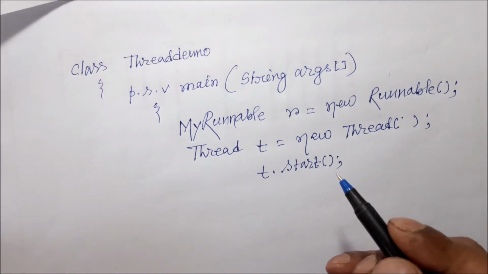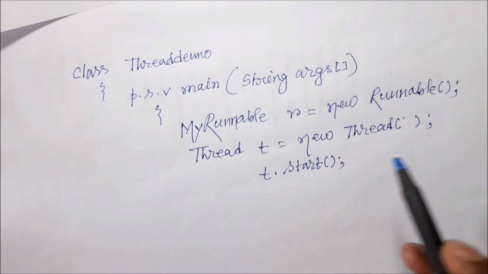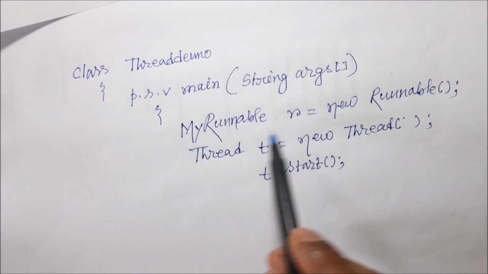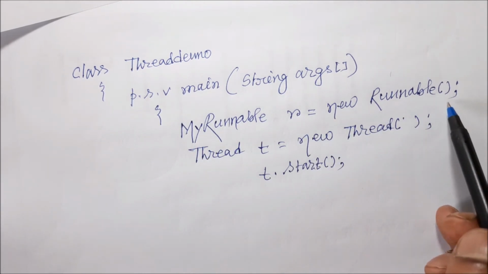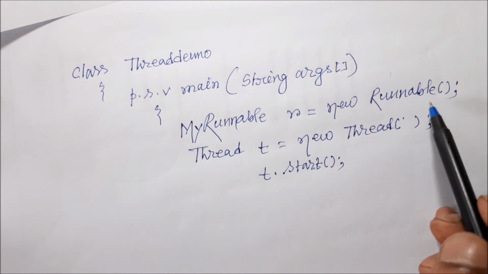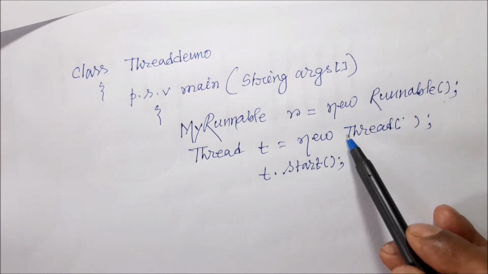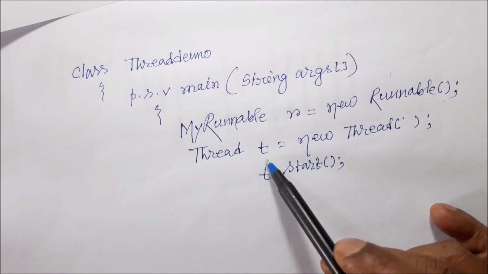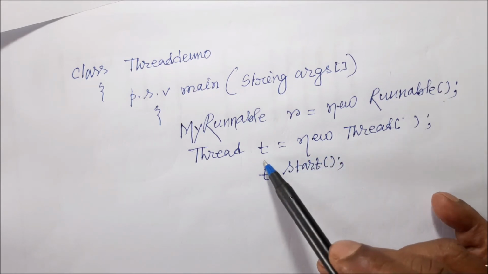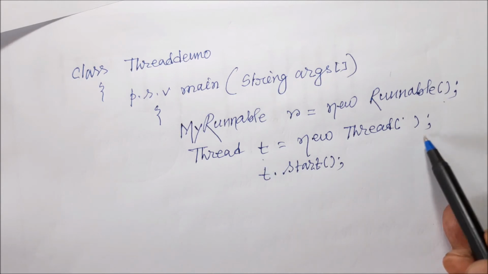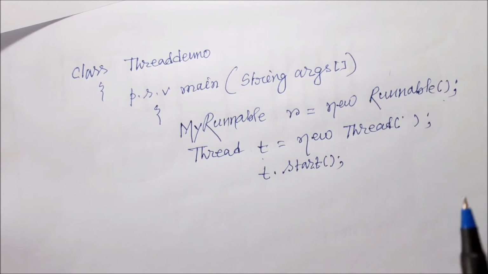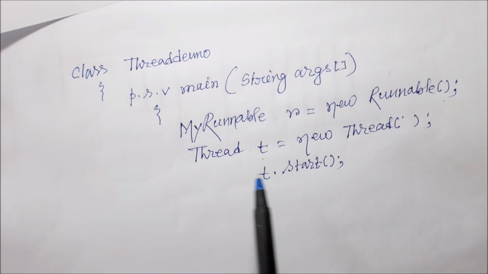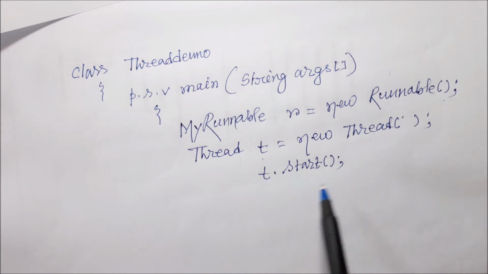Look at this, up to this point, MyRunnable r = new MyRunnable(), only one thread exists, that is the main thread, and the main thread creates the object of the Thread class. Then we call the t.start method.